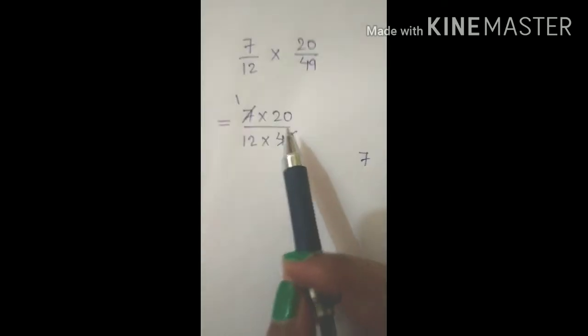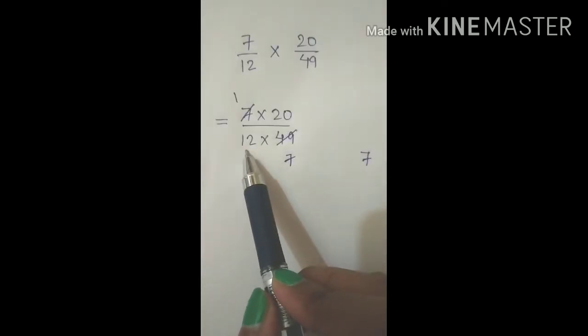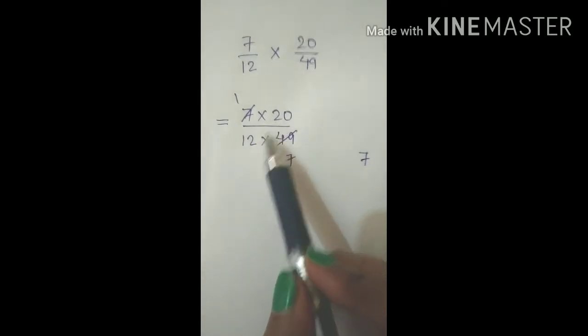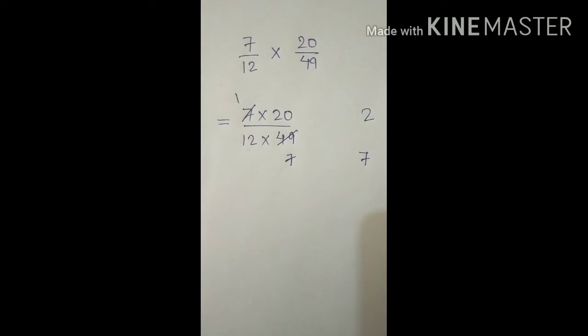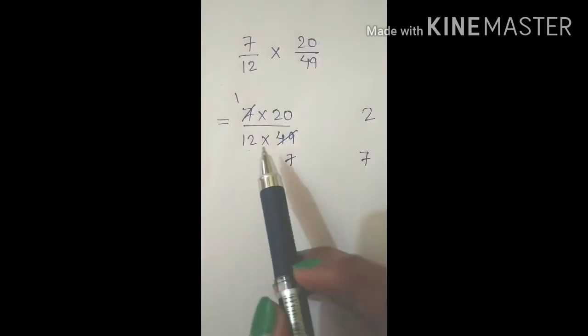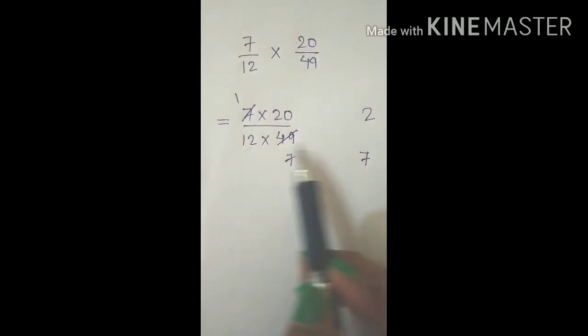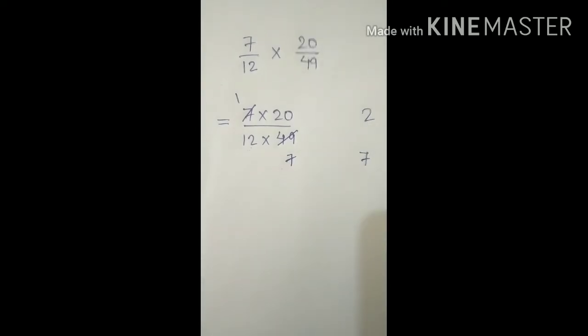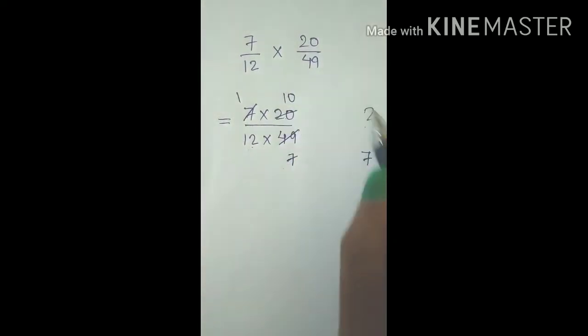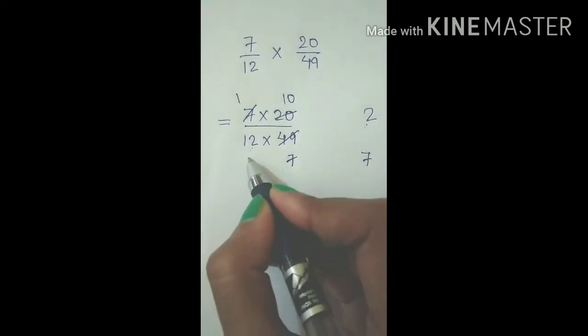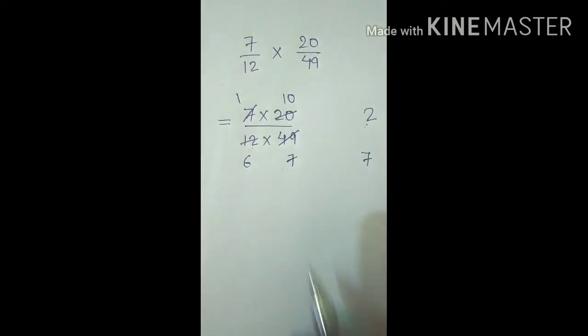Now when we look at 20 and 12, we can say that 20 and 12 have a common factor 2. That means we will divide both 20 and 12 by 2. 2 multiplied by 10 is 20 and 2 multiplied by 6 is 12.